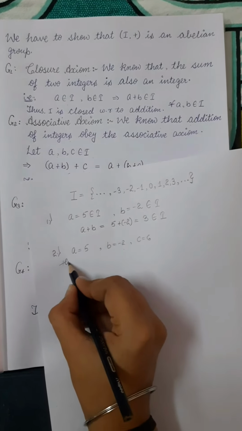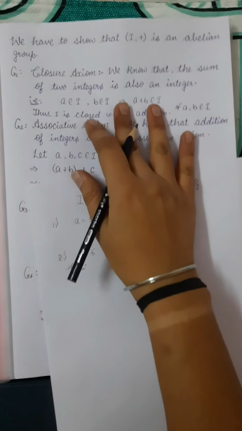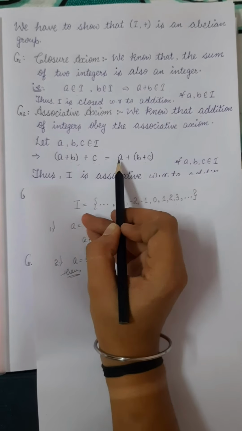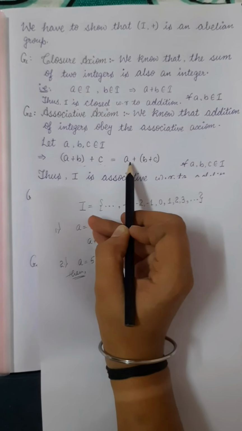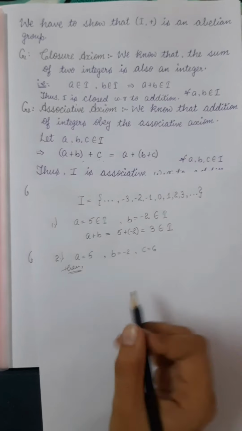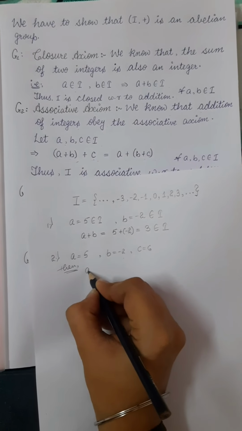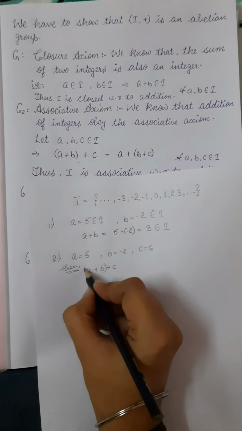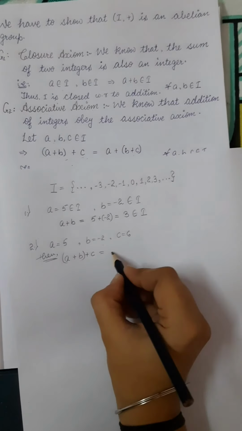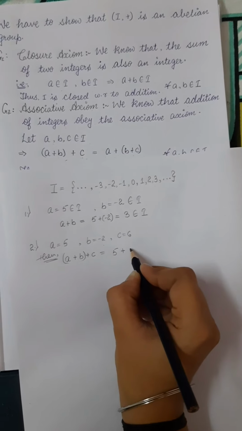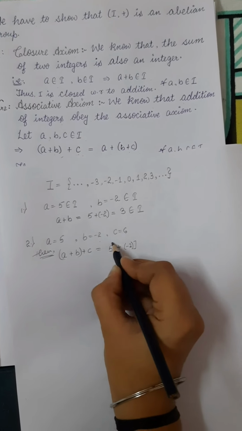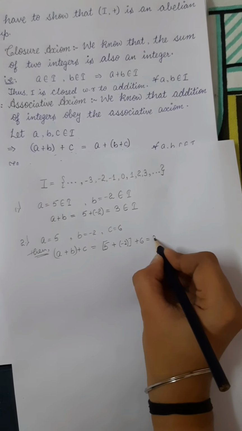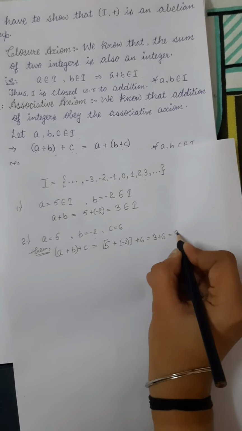Then we have to prove that (a + b) + c gives the same answer as a + (b + c). So, we find that (a + b) + c is (5 + (-2)) + 6, which is equal to 3 + 6, that means 9.